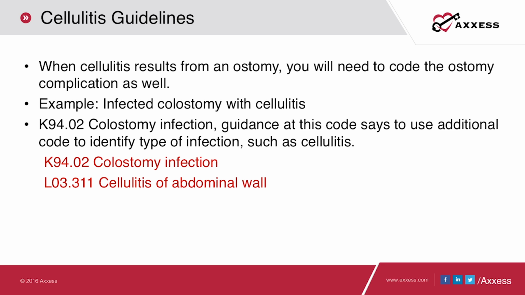There's guidance there that says also to use additional code to identify the type of infection, such as cellulitis. So in this case, you'd have K94.02 for the colostomy infection, followed by L03.311, cellulitis of abdominal wall. And if they knew the organism causing the infection in cellulitis, like staph, you would have a third code right after that that would say Staphylococcus whatever as cause of infection, and that would be a B95, B96, or B97 code.